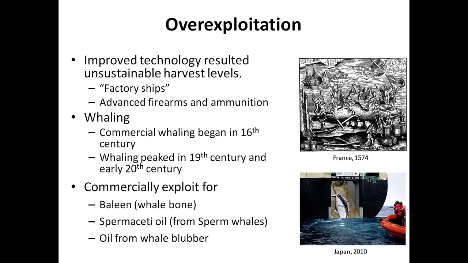with global biodiversity. Let's start with whales. Whaling is a traditional custom in many countries. However, with the Industrial Revolution, they came up with sophisticated whaling ships, factory ships, and sophisticated weapons to kill whales, and the frequency of harvest increased dramatically.